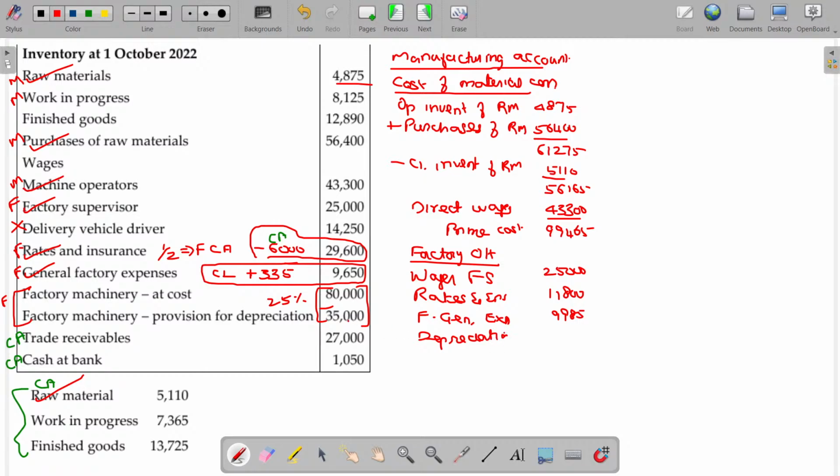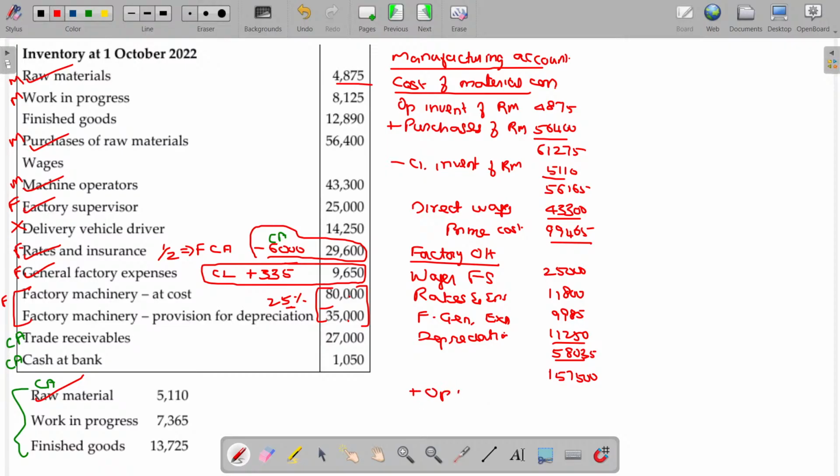You have to subtract 35,000 from 10,000. On that, 25% will be calculated, which is 11,250. Overall factory overhead being 58,035. If I add the factory overhead with the prime cost, I'll get total value here being 1,57,500.